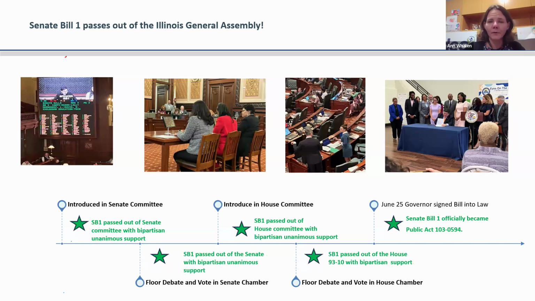There was really overwhelming agreement that this was one of the right next steps to take as a state to bring this together in a new agency. And the governor signed the bill into law on June 25th. So it's official, the department exists. We're excited to share that.